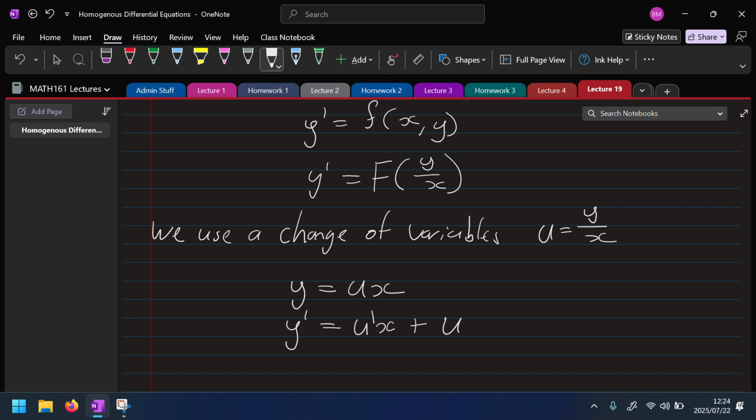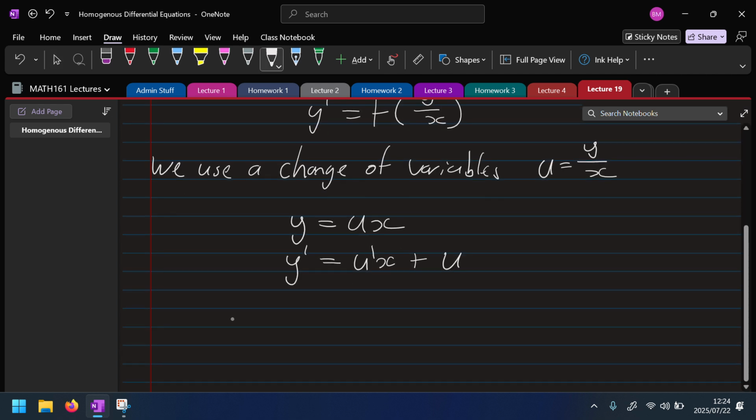That means our left-hand side, the y prime, is replaced with u prime x plus u. And the right-hand side, capital F of y over x, just becomes capital F of u.